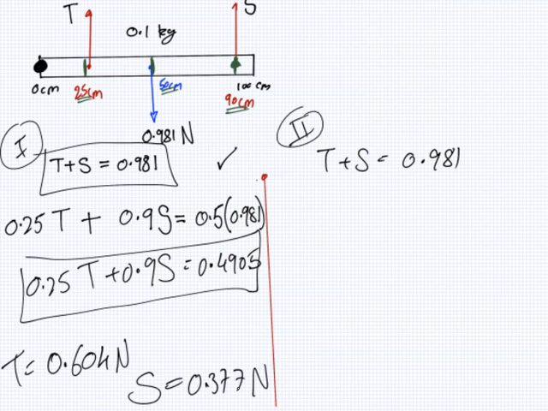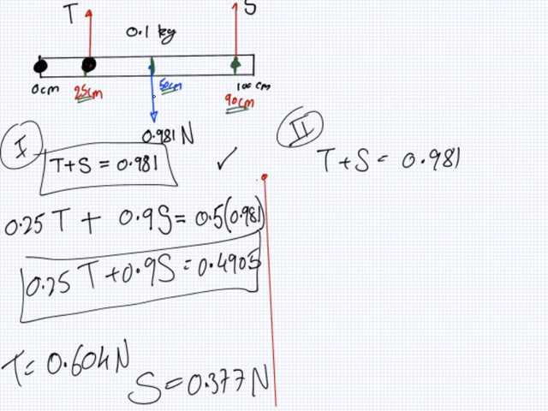Now, for the doubters and the haters, let's see it the other way. We get the same answer. If I can choose any turning point, a convenient turning point to use would be this one. Because is this clockwise or anti-clockwise? It's not, it's nothing.